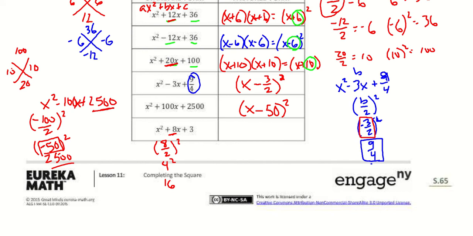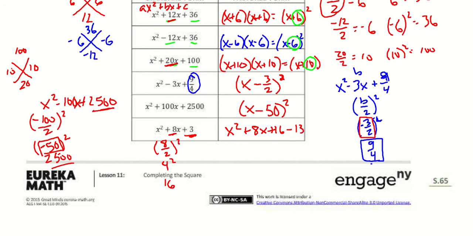If I change it to 16, then I have to have it equal 3. So it's x squared plus 8x plus 16, but I somehow have to get this 16 to actually equal 3, because that's what's here. And so what I have to do is a minus 13 on the end.